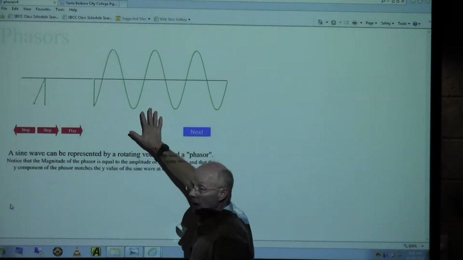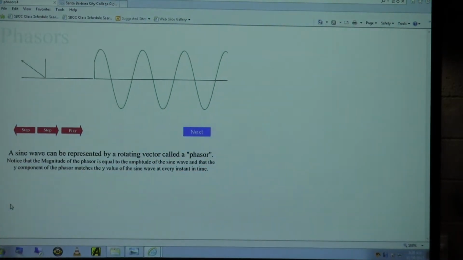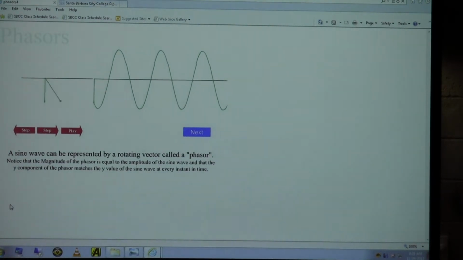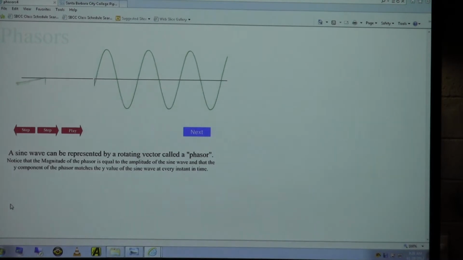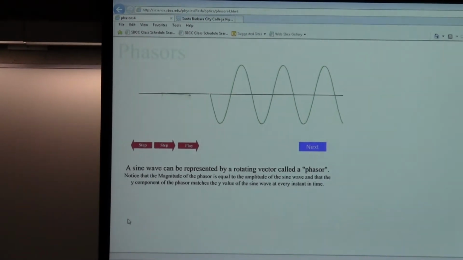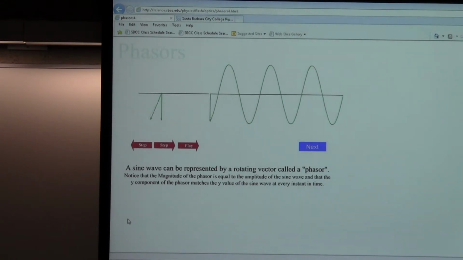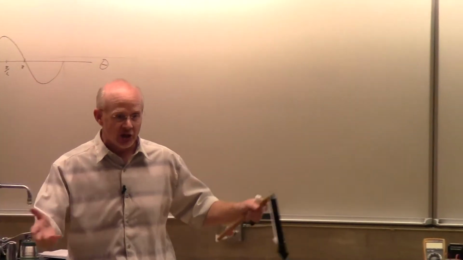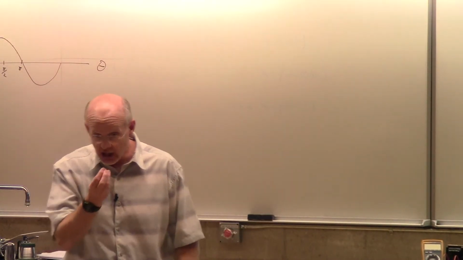This is probably the way you're most familiar with, a sinusoidal pattern. But a second and extremely useful way, which we call phasors, is to think about it as a stick in motion. And that's why they're hard to draw on the board or hard to describe to students in a textbook, because it's a stick that's spinning and your textbook doesn't have spinning pictures. So the animation here is much nicer.